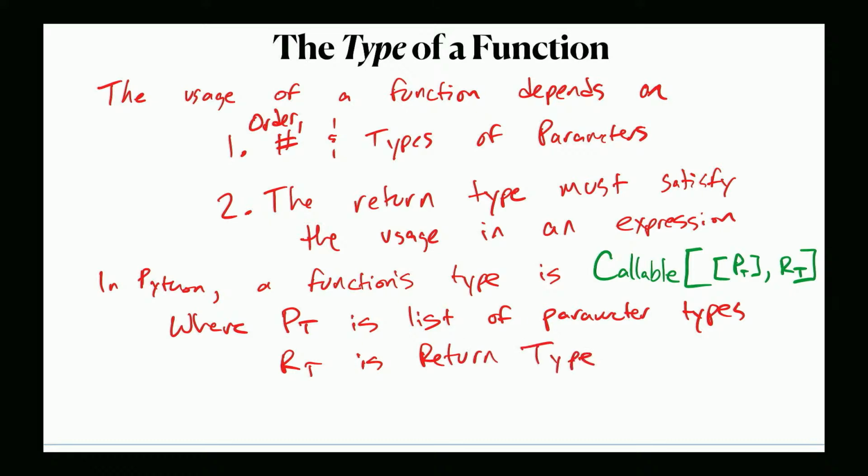All right, so we're going to get some practice with this on the very next slide. But the point is, we can say that we can define what a function's type is using this notation and this type. So we're saying callable, which is actually a type we'll see how to use in just a moment.